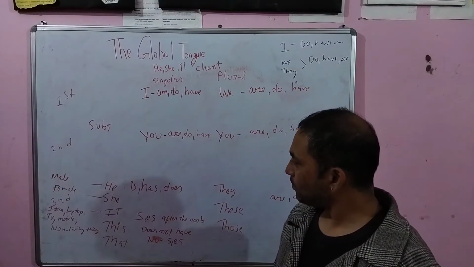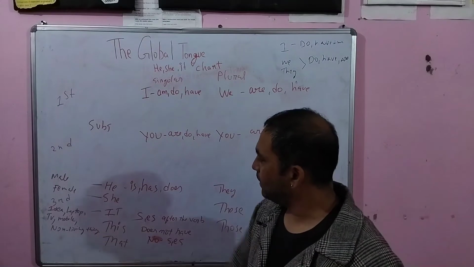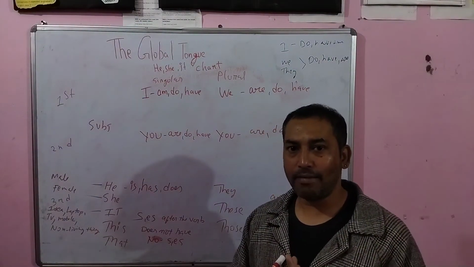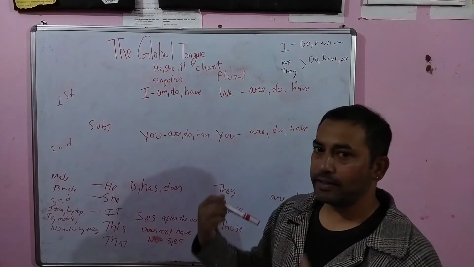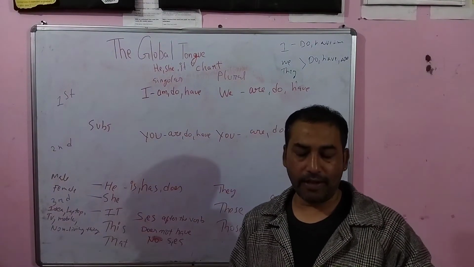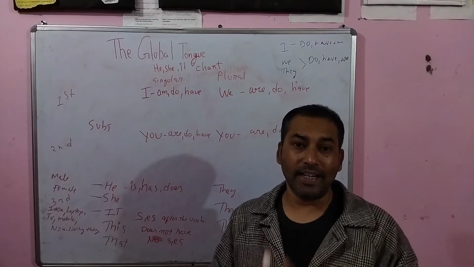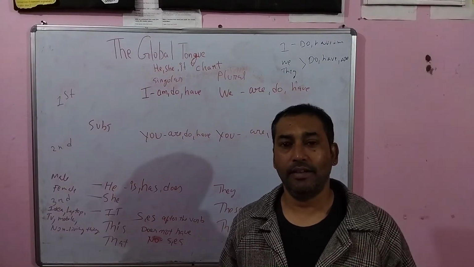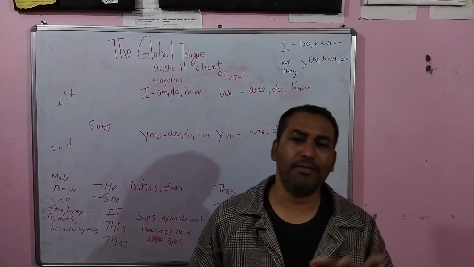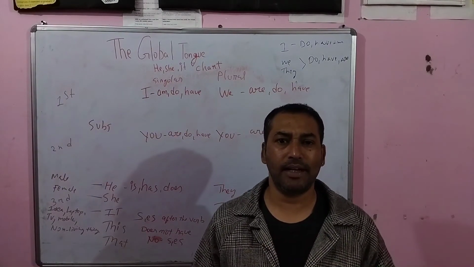So if your subject is he, make sure you use has. So he has a pen, I have a pen, we have a pen, you have a pen. But when you talk about he, she, or it, it should be has every time. Never ever have. Because as I communicate with people, I correct them every single time they commit this mistake.